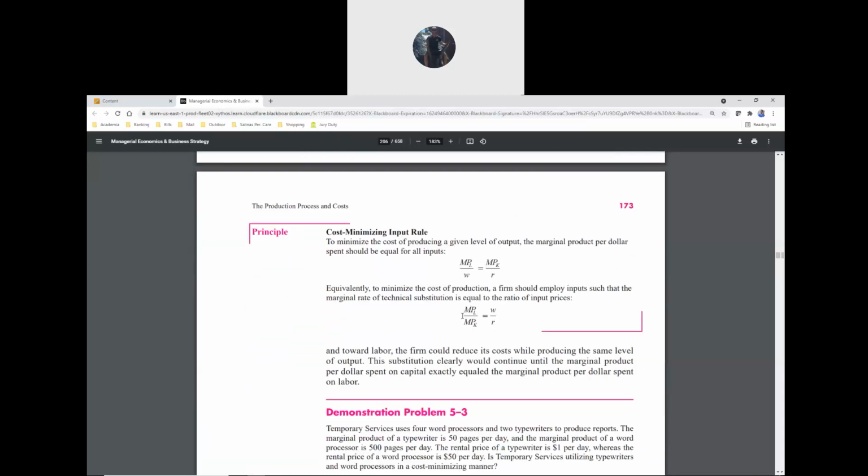If you cross multiply, you can see that the firm wants to pay the value of the input up to the rate they have to pay to use it. So we get a nice condition where the MPL over the wage rate equals the MPK over the rate of capital.